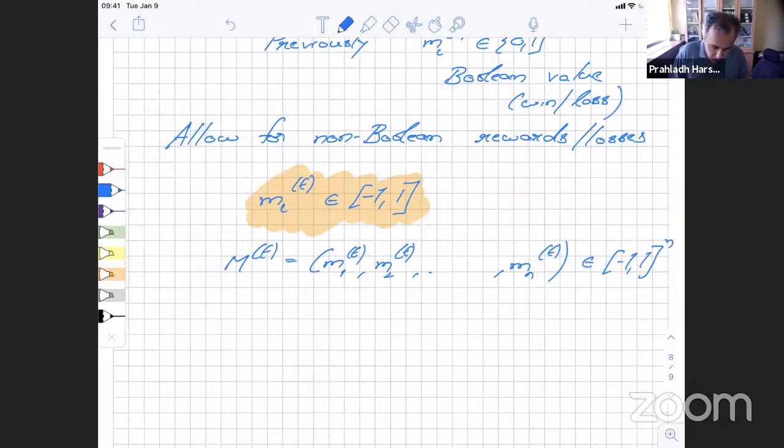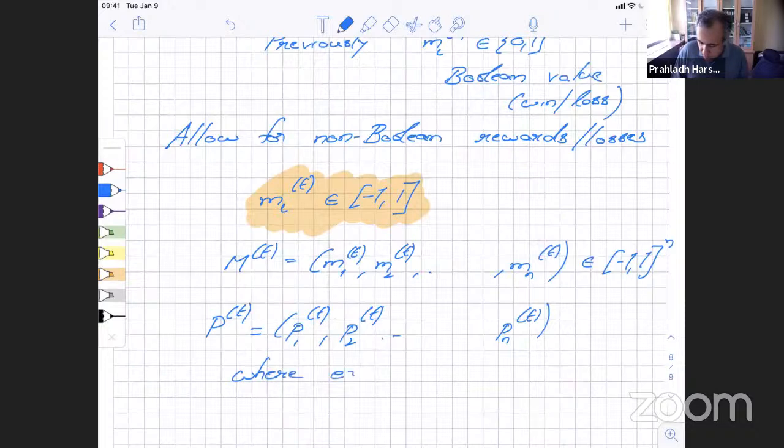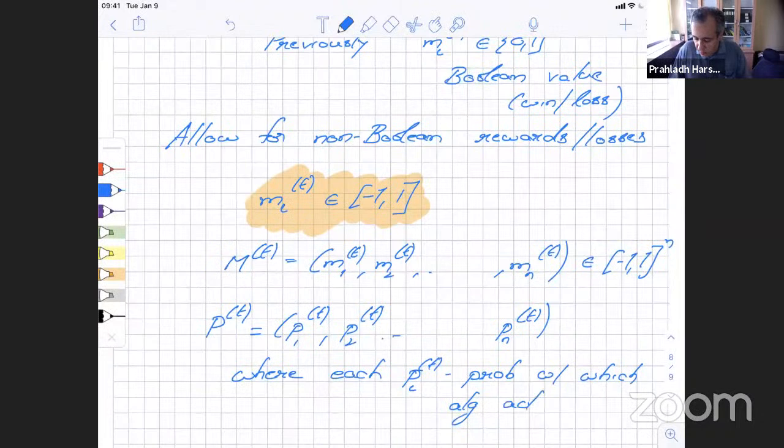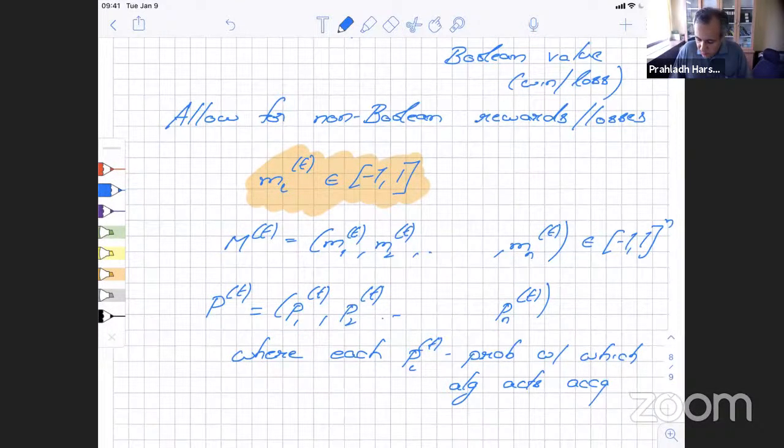And we are going to act with probabilities p_1^t, p_2^t, ..., p_n^t. This is what I'll call the probability vector p^t, where each p_i^t is the probability with which the algorithm acts according to expert i at time t.